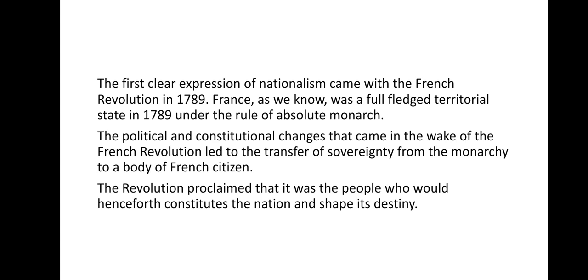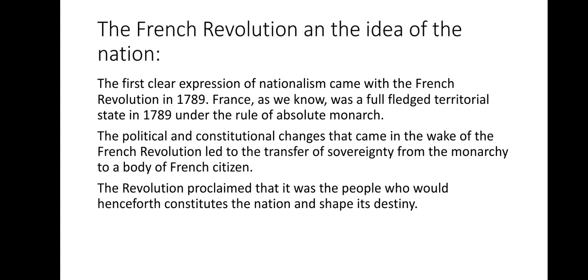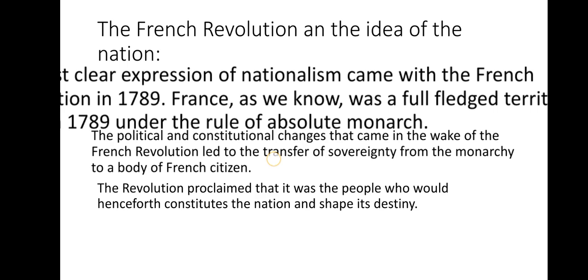Because the post of kings and queens is hereditary. But now, in a democratic country, we ourselves are governing by our voting rights. The revolution proclaimed that it was the people who would henceforth constitute the nation and shape its destiny. Those were the ideals of the French Revolution.